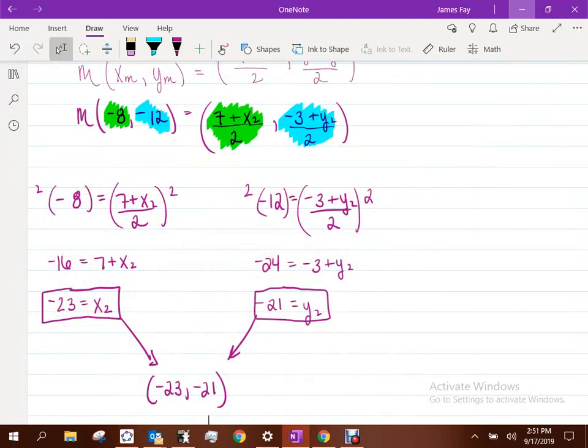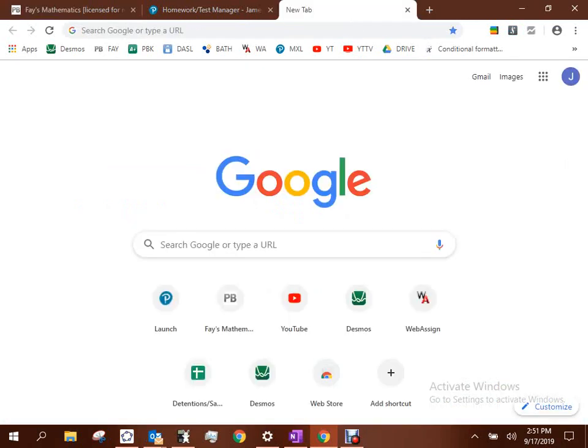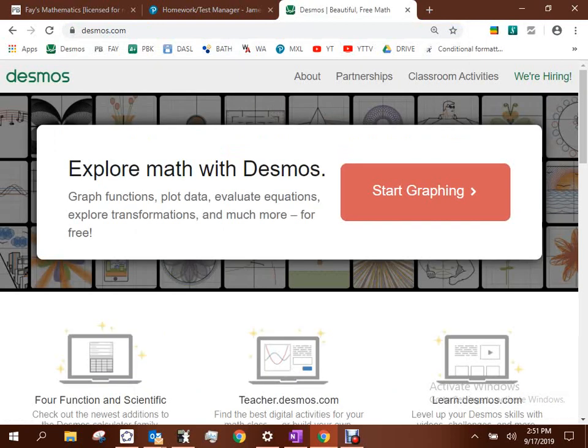A tool that is a little bit maybe easier to use is Desmos. Okay, there's a lot of versions of Desmos. There's just a pure scientific calculator with no graphing, and then they've got their graphing calculator. If you want the graphing calculator, you just go to the website, and then you click on the red box that says Start Graphing.